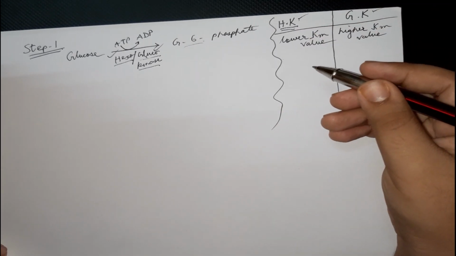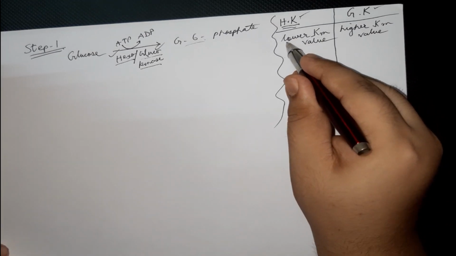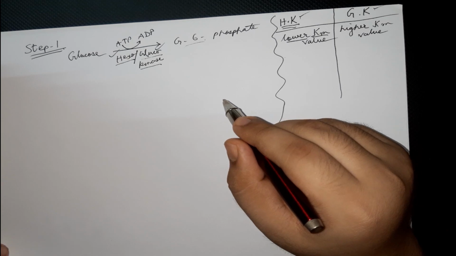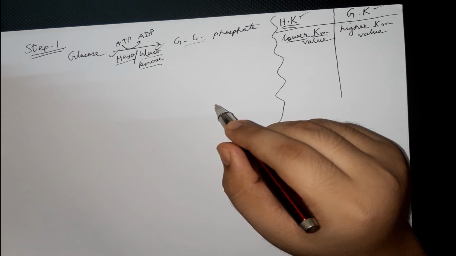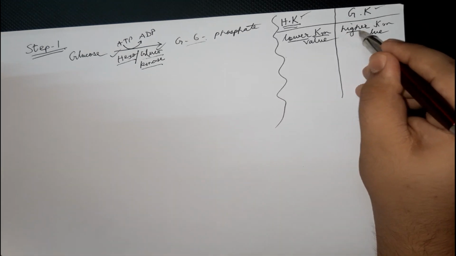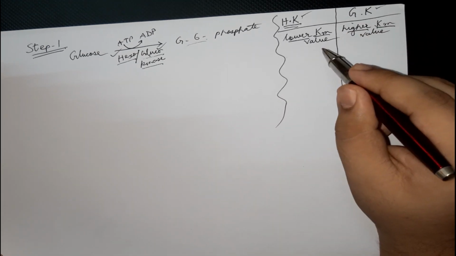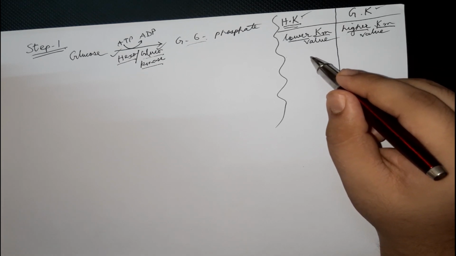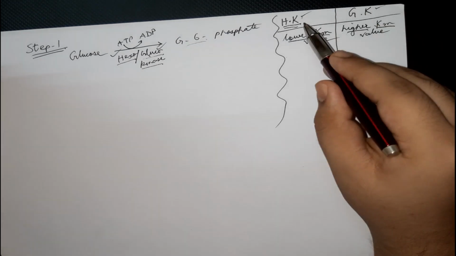It's glucose, right? So if hexokinase has a lower Km value, then obviously hexokinase has a higher affinity for glucose, whereas glucokinase has a lower affinity for glucose, glucose being the substrate of these two enzymes.